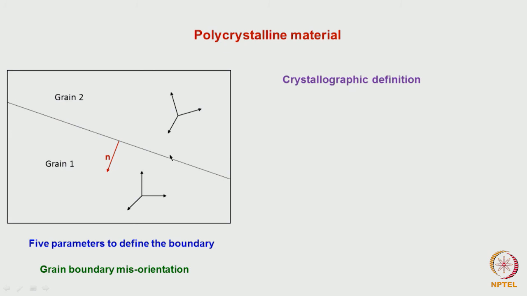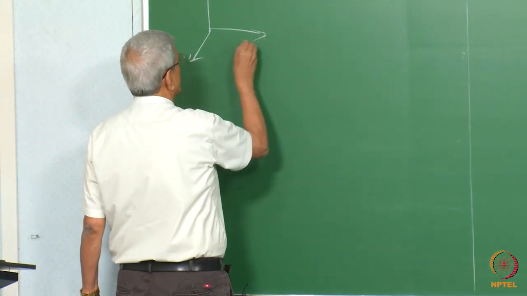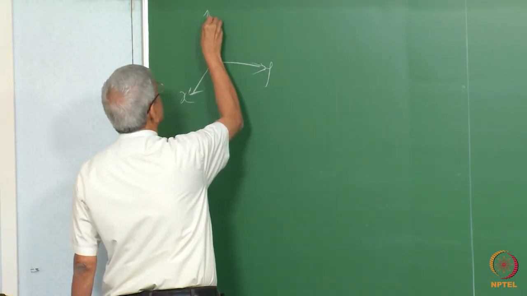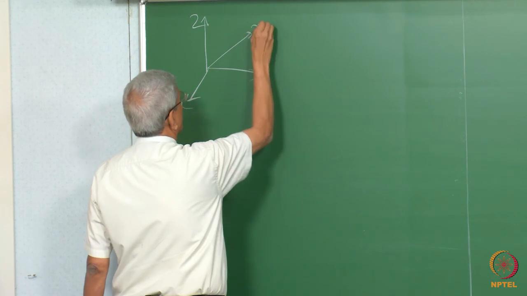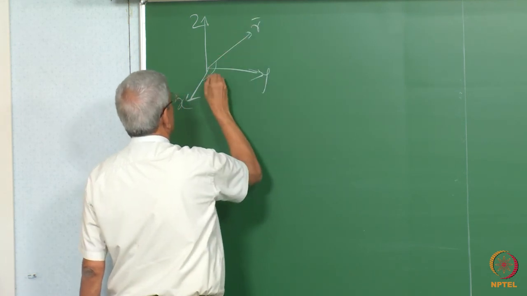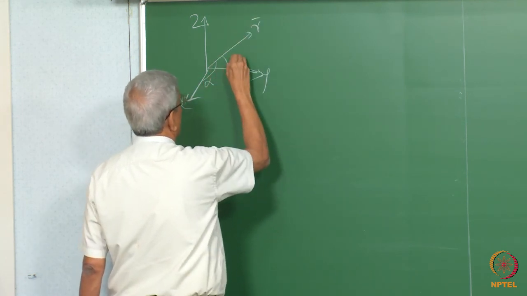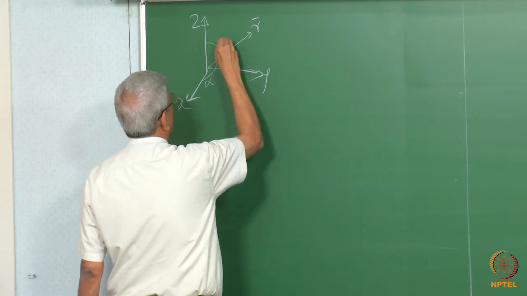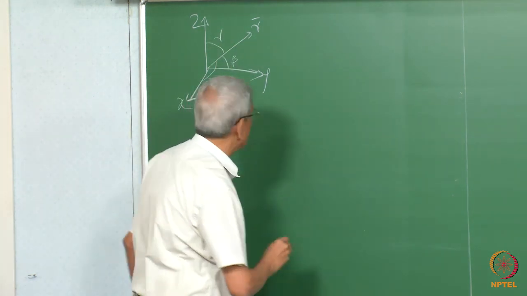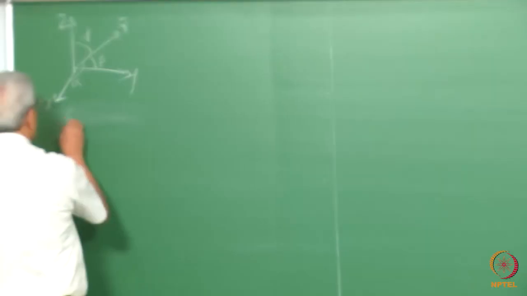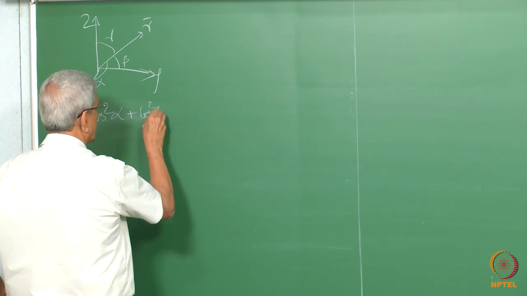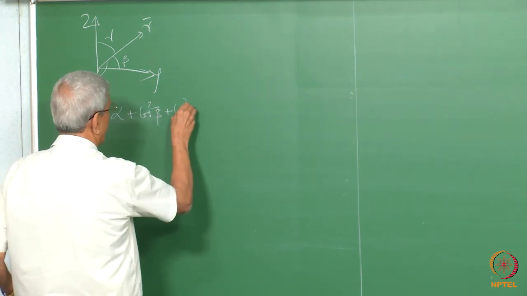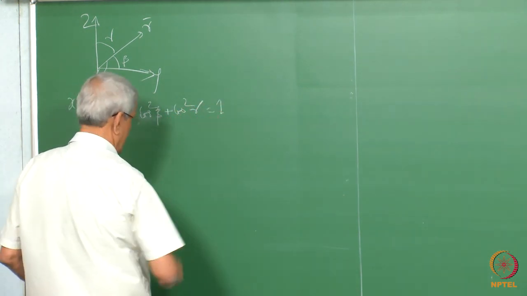Like for example, this is x, if this is a vector, we find the angle from each axis, alpha, beta and gamma. But the sum of the squares of the direction cosines equals 1.